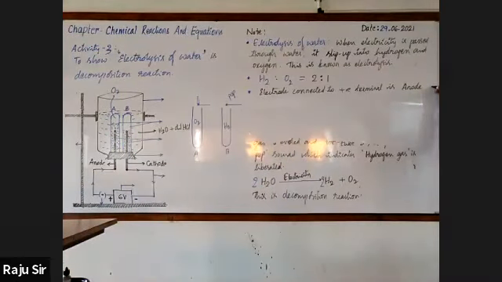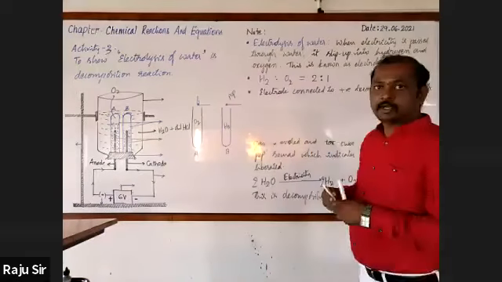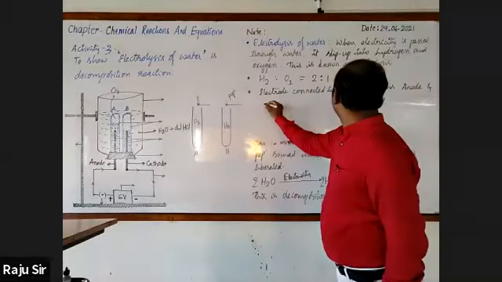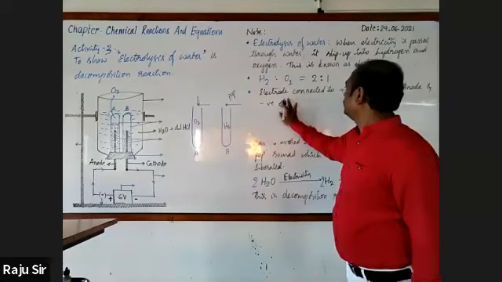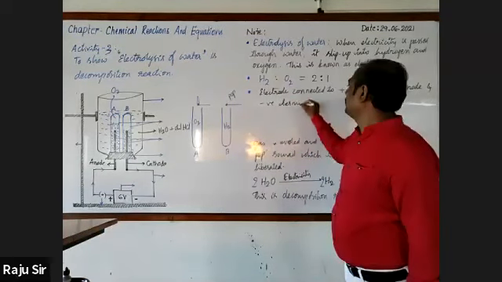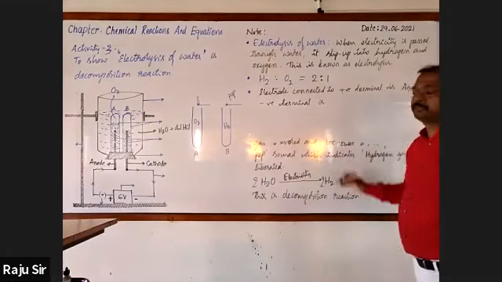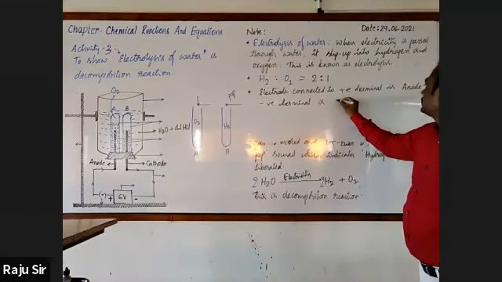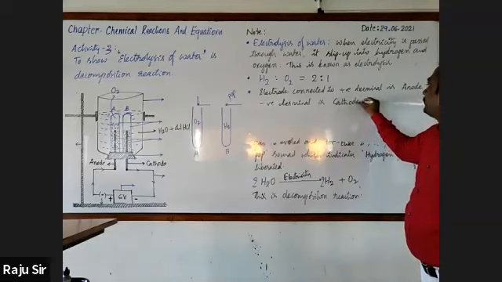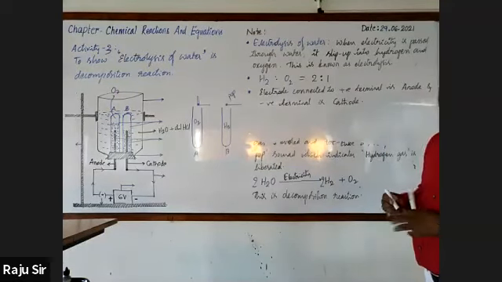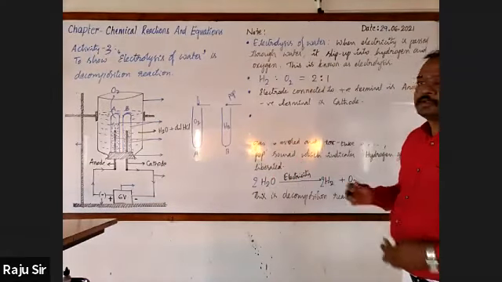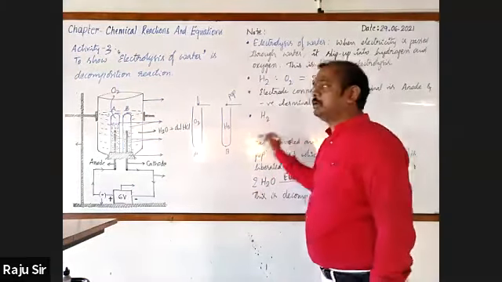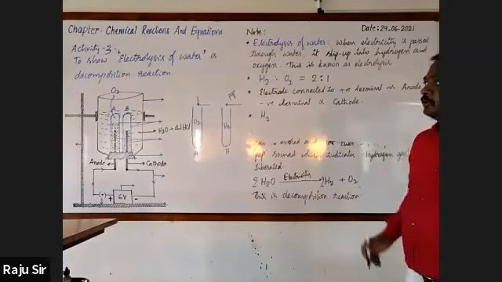And the electrode connected to the negative terminal is the cathode. Next, hydrogen is formed near which electrode, anode or cathode?